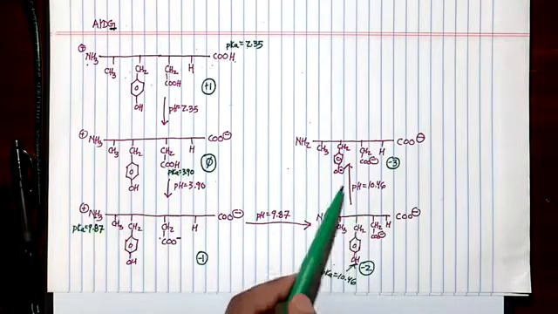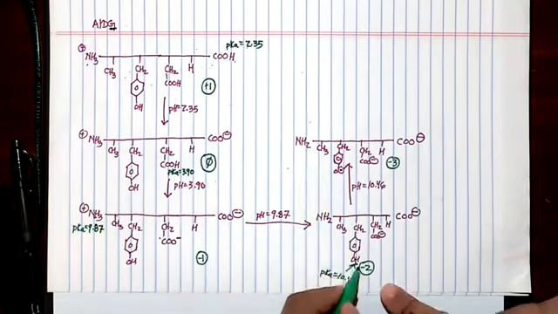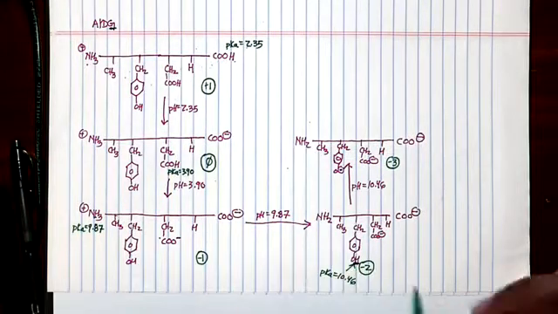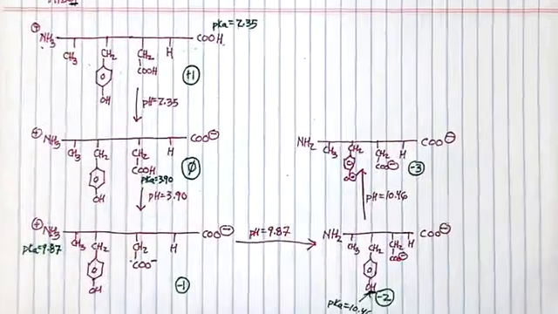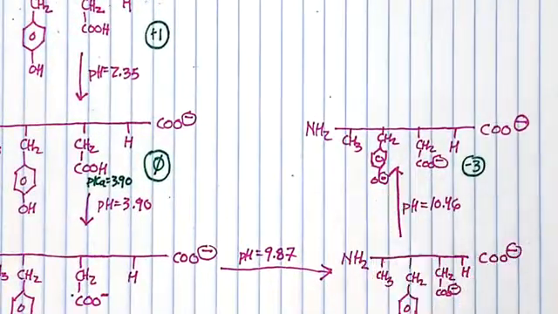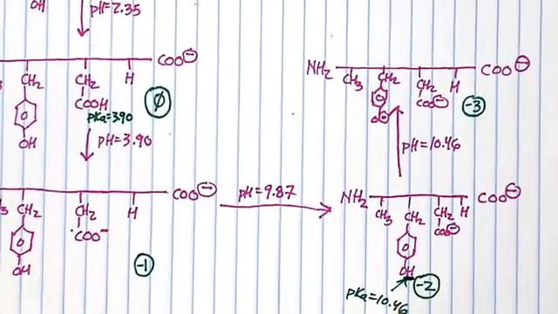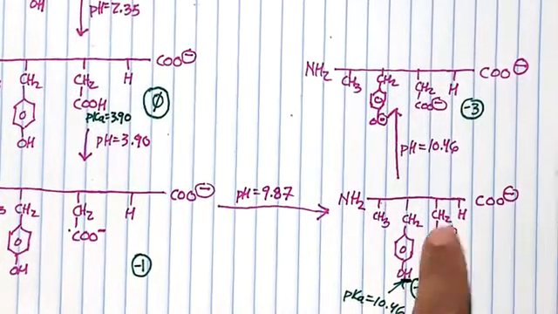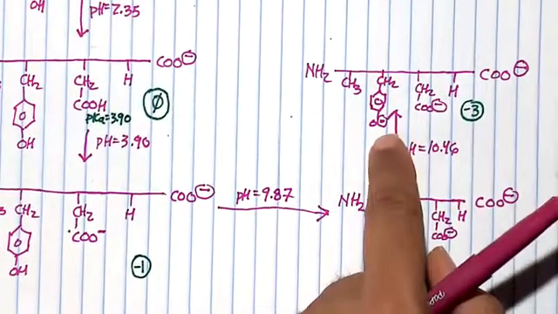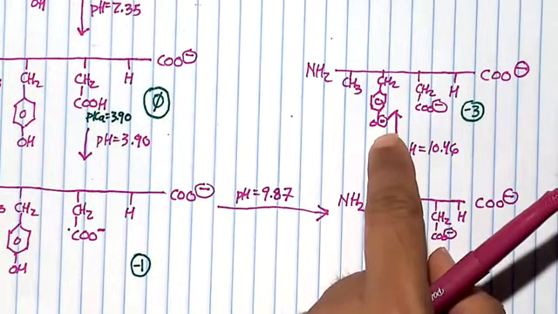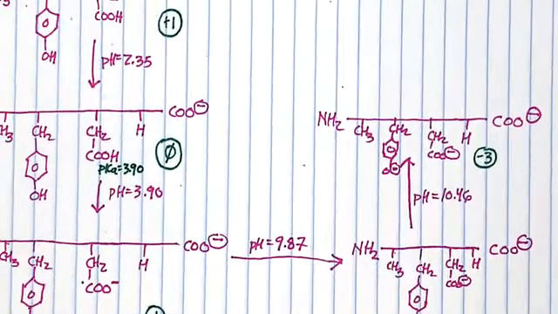And at 10.46, the side chain of tyrosine, that proton begins to come off. Okay, so then you're going to start getting this structure. At 10.46, this proton begins to come off. That OH is stripped, that becomes an O-.